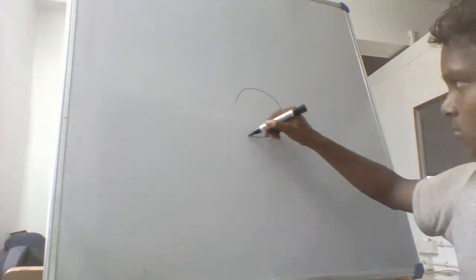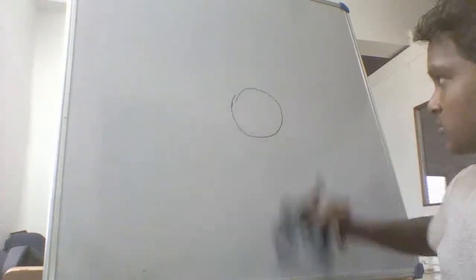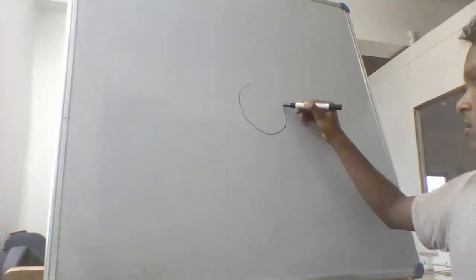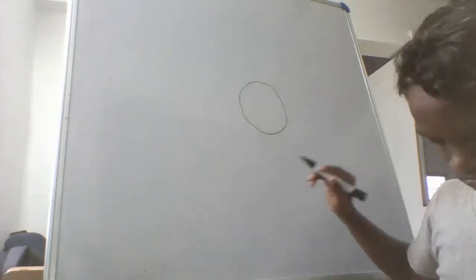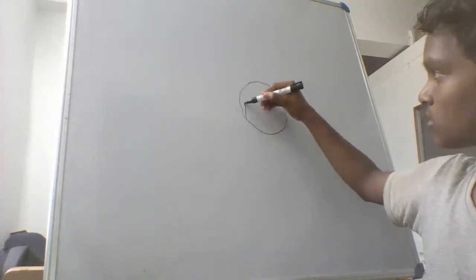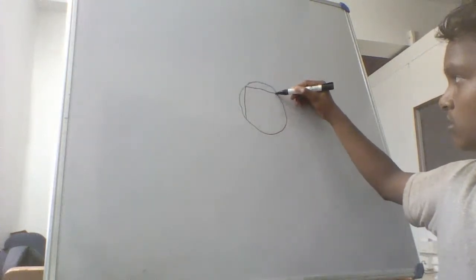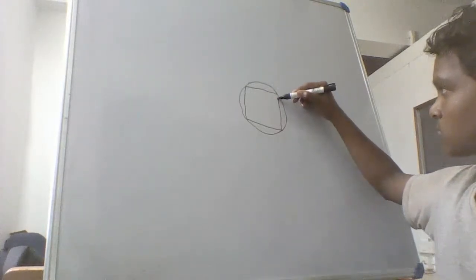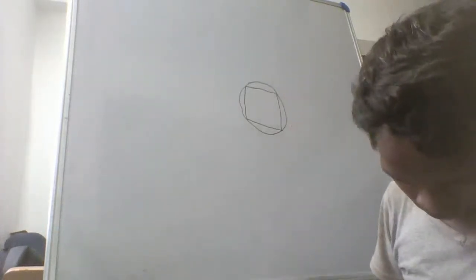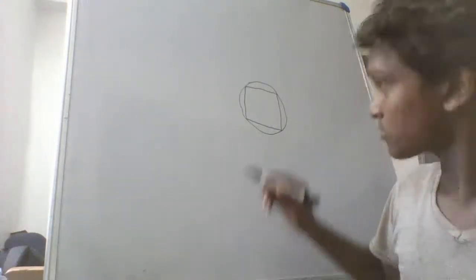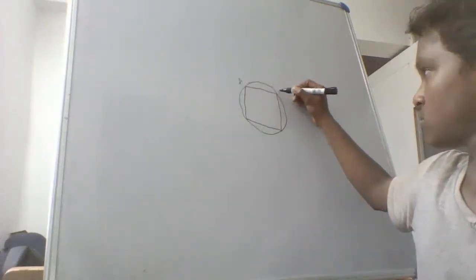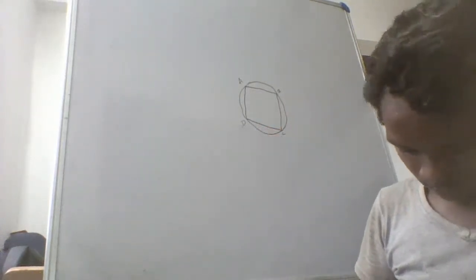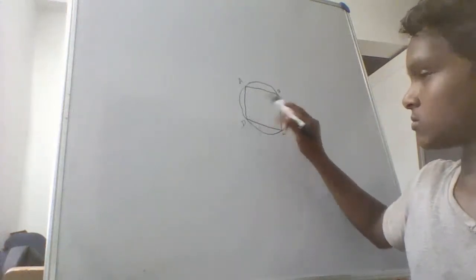The circle is drawn, and corresponding to that circle we draw a cyclic quadrilateral, which is mentioned as A, B, C, and D. Those are the vertices of it, right?